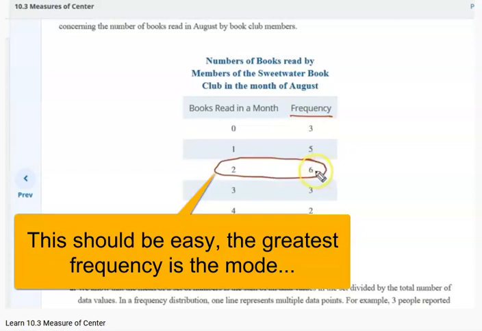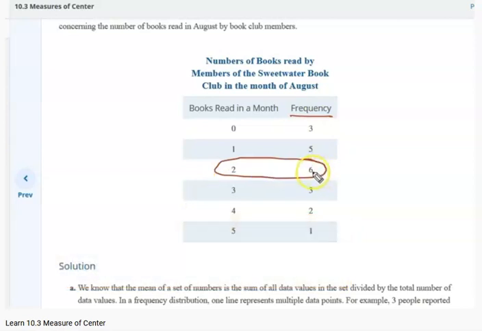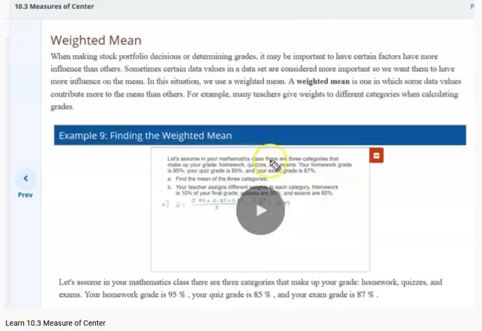So the frequency is 6, but the mode now is not 6. That's just the number of times. The mode is 2. That is the item of data that's used the greatest number of times.